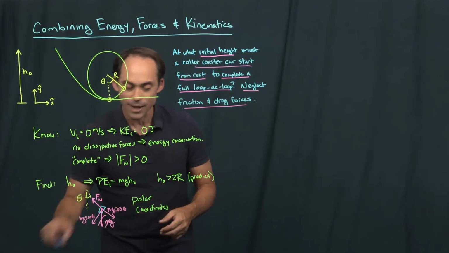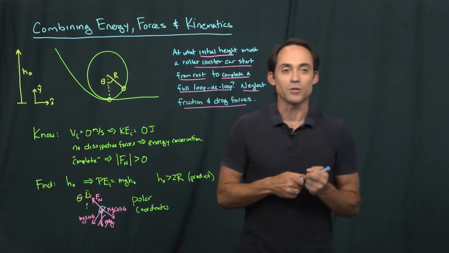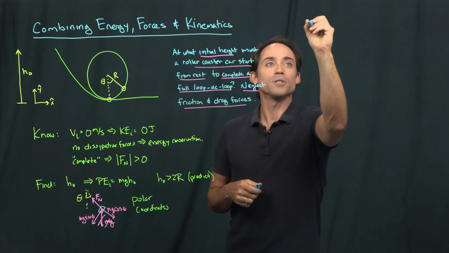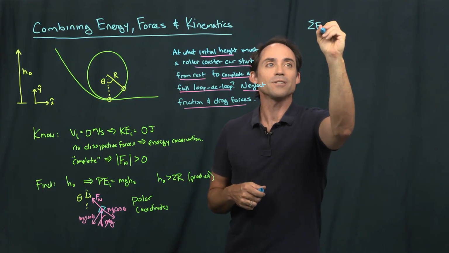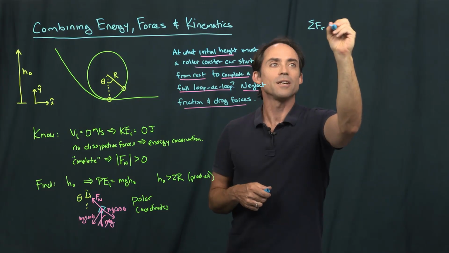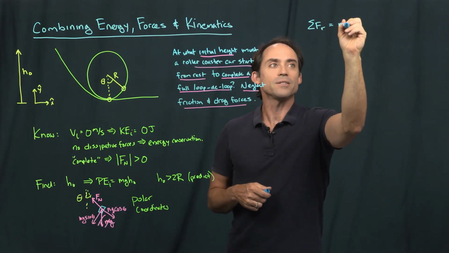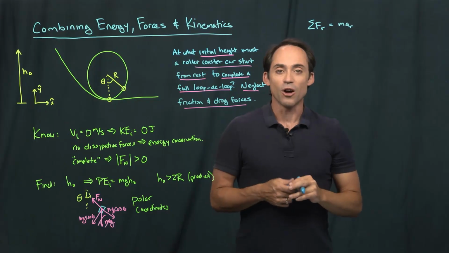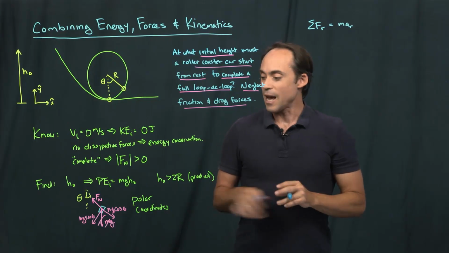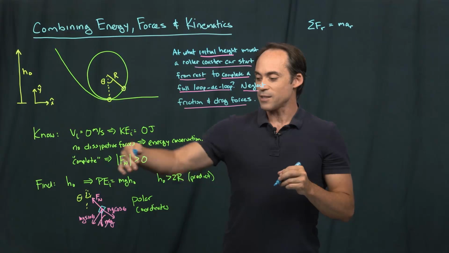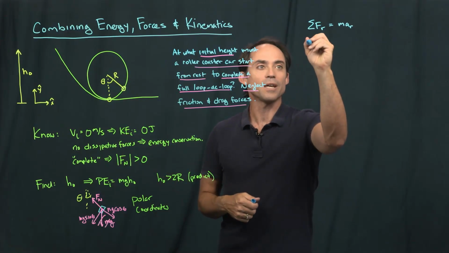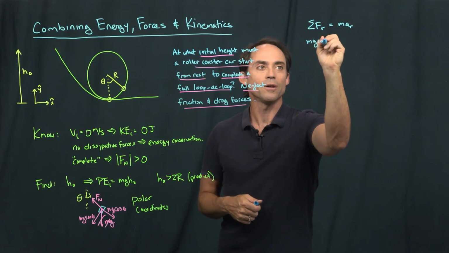So now it just comes back to our regular application of Newton's laws, where the sum of the forces along a particular axis, in this case we'll look at the radial axis, is equal to the mass times the acceleration along that radial direction. Now, if we write down the forces here, we've got mg cosine theta acting outward.